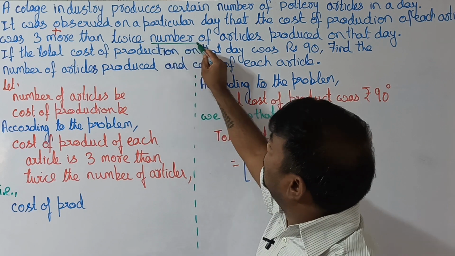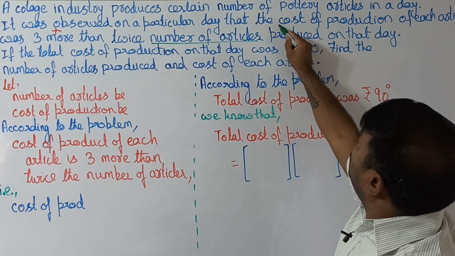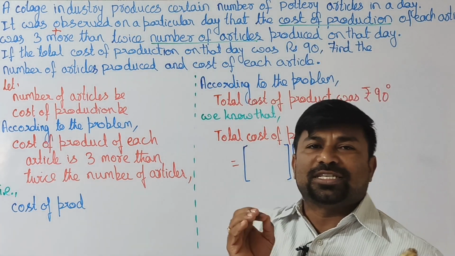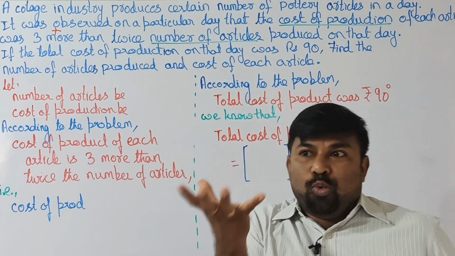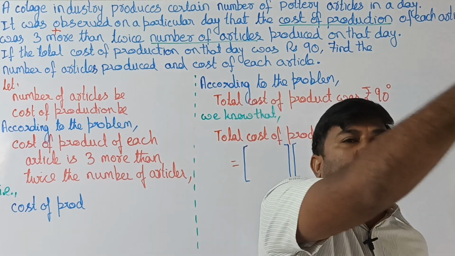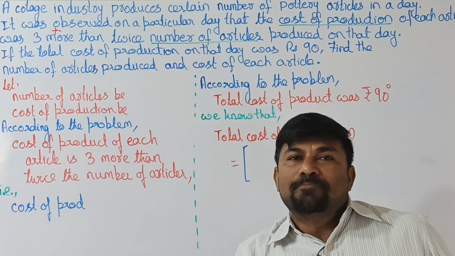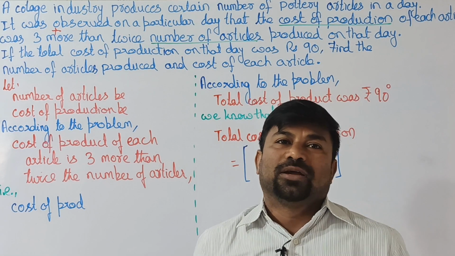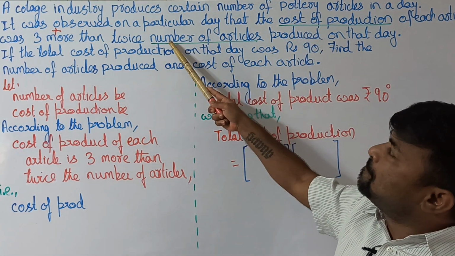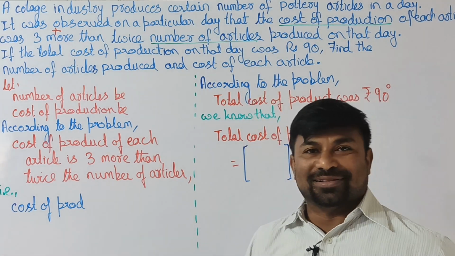The number of articles is compared to the cost of production. This is the beautiful thing we have to remember. Which one is compared to what?